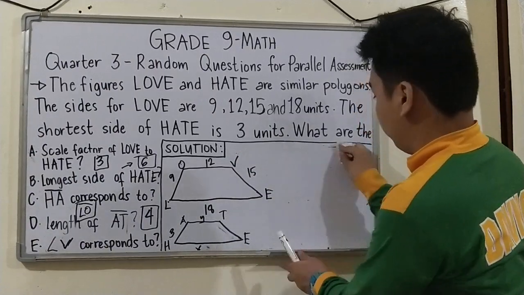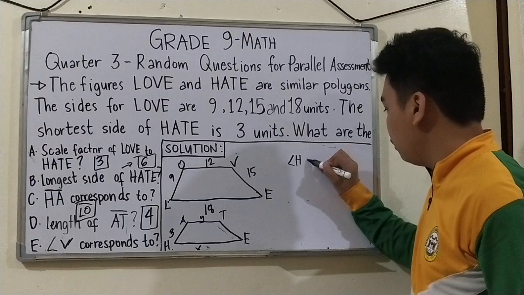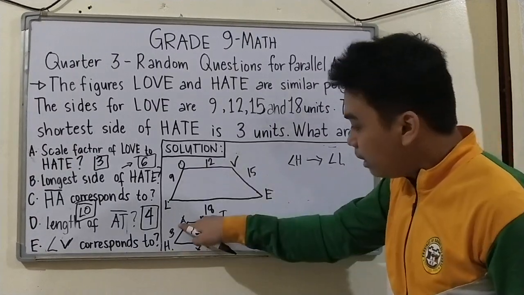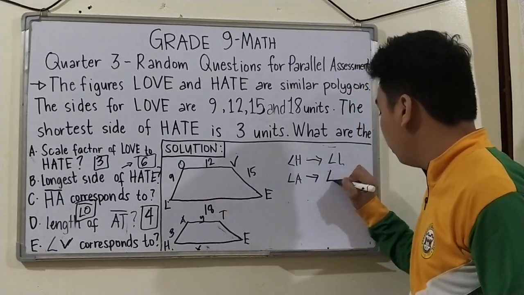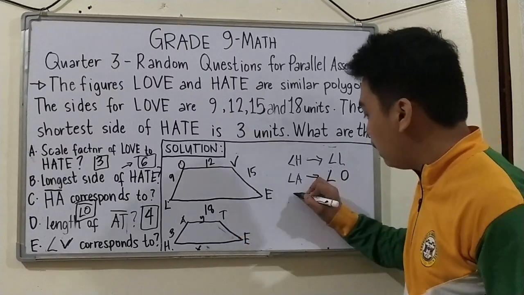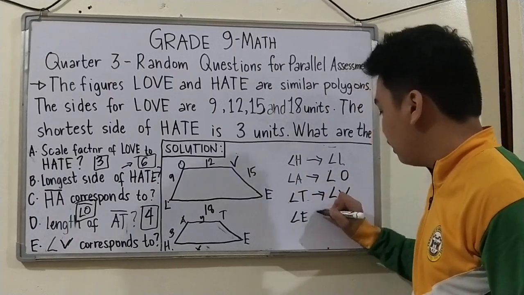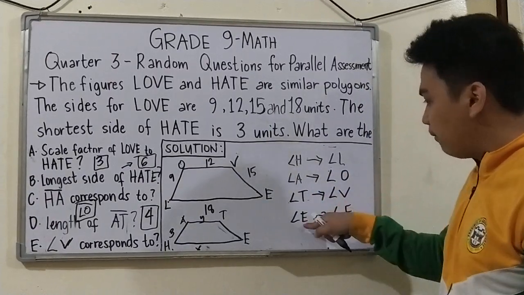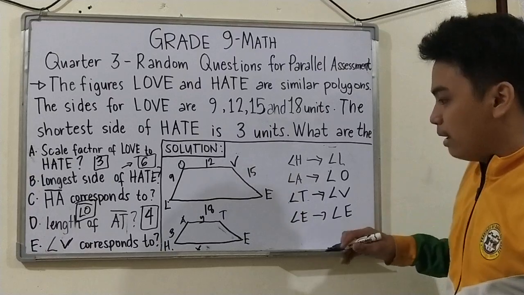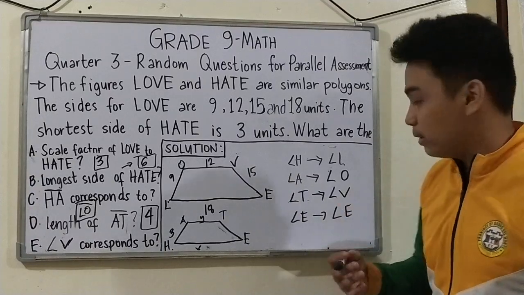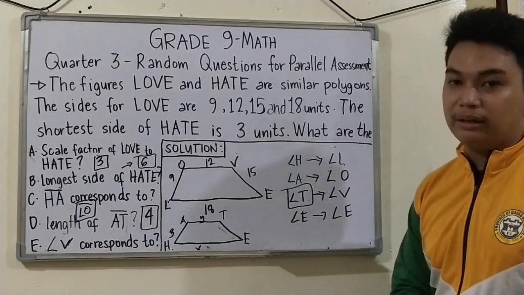So by observation, H corresponds to L. So angle H corresponds to angle L. Angle A of the polygon height corresponds to angle O. And the angle T of the height corresponds to angle V. And angle E corresponds to angle E. So angle E for the polygon love is different from the polygon height. So the question is, where does the angle V correspond to? So as you can see, angle V corresponds to angle T. That means that angle T is the answer for letter E.